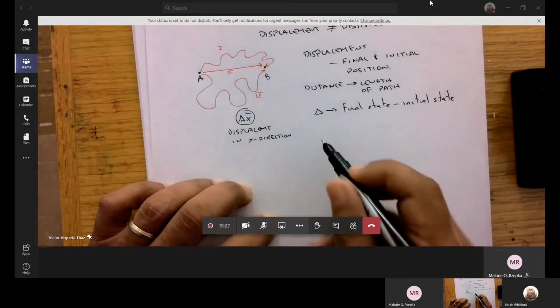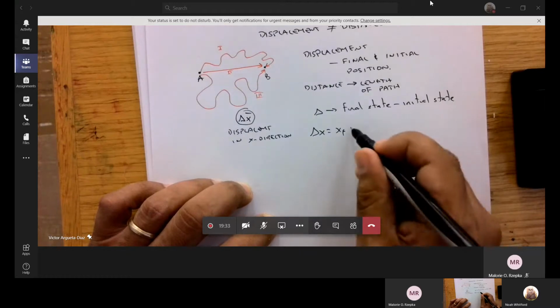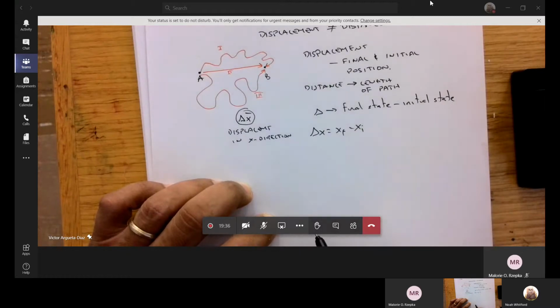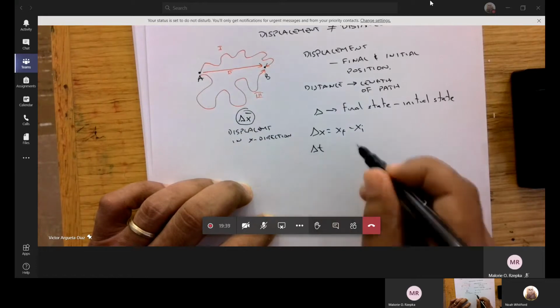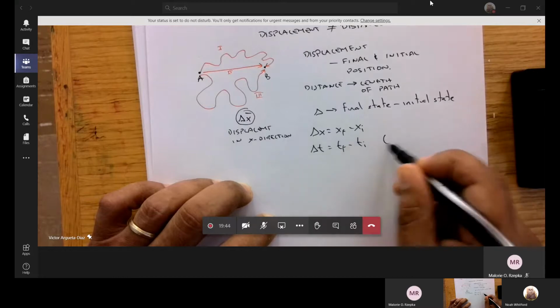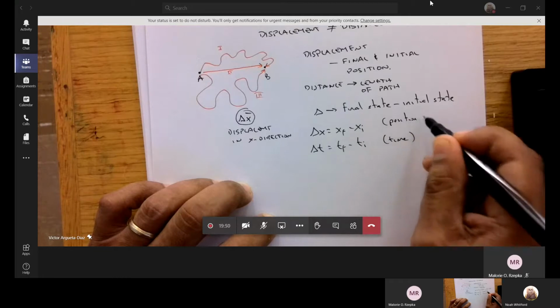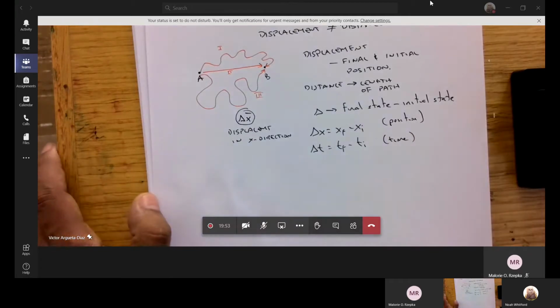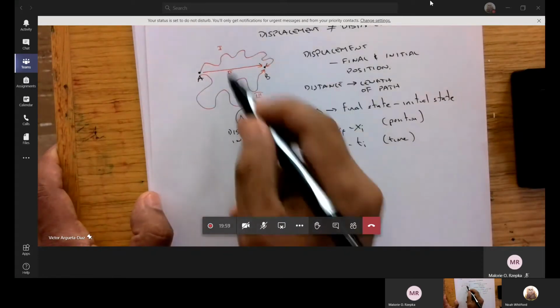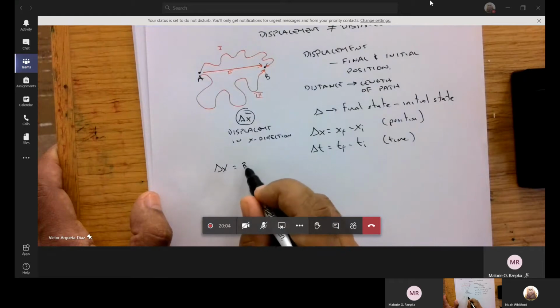So delta x means the final value of x minus the initial value of x, and delta t is the final time minus the initial time. So if I want to calculate the displacement of these drawings over here, that will be just the B position, my last position, minus A.